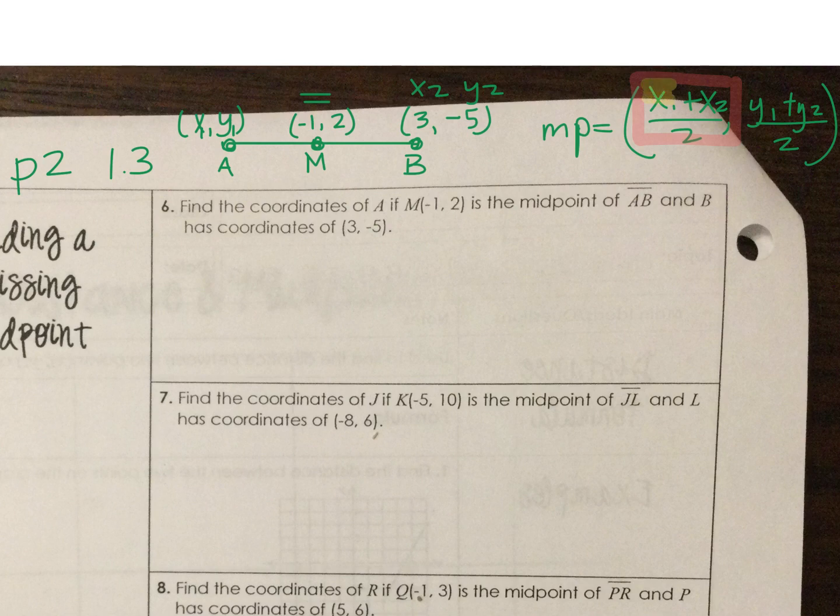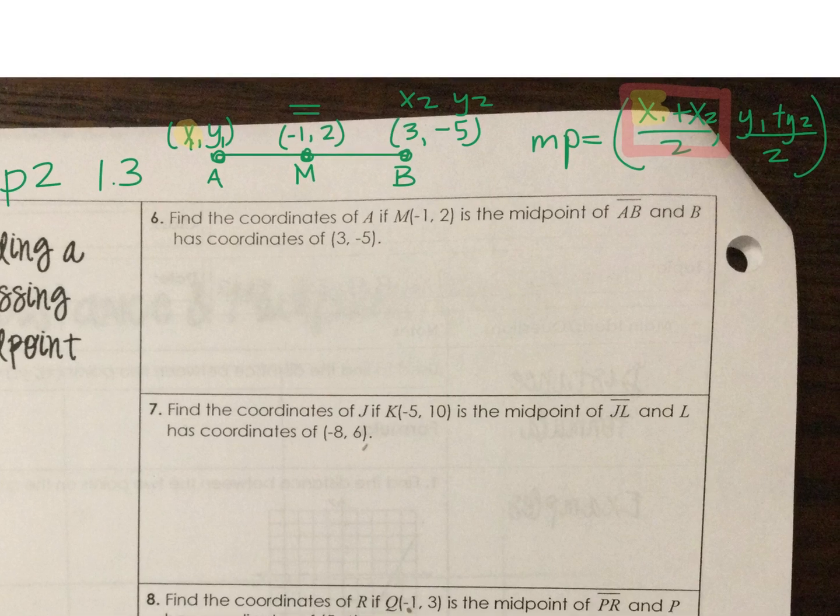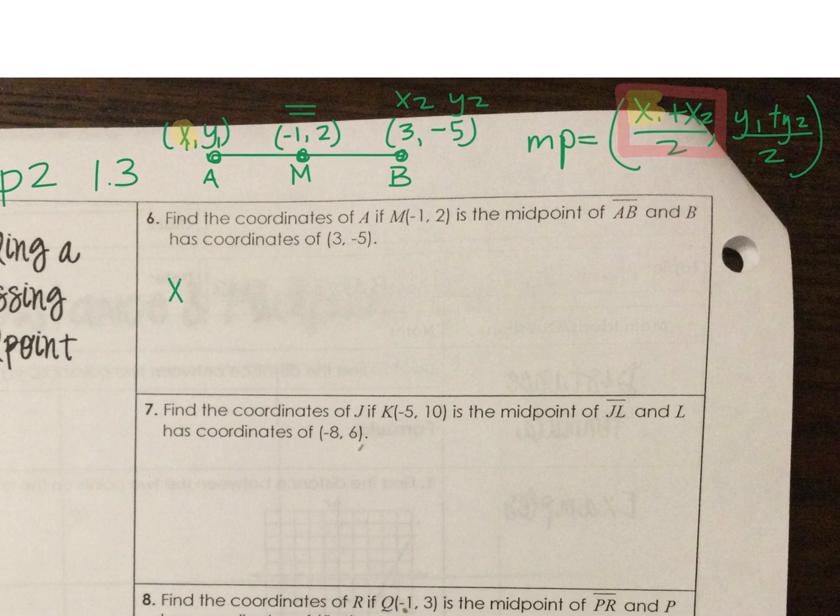So I'm looking for x1. Well, I look over here. X1 is an x. I don't know what it is, so I'm going to write x plus X2, well, that one got a label. That's a 3.